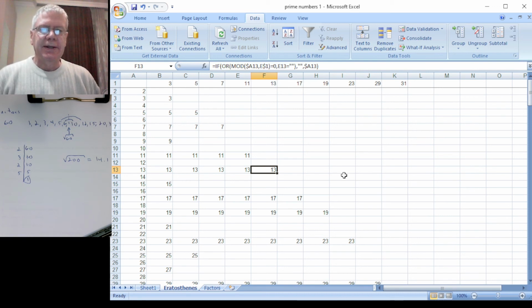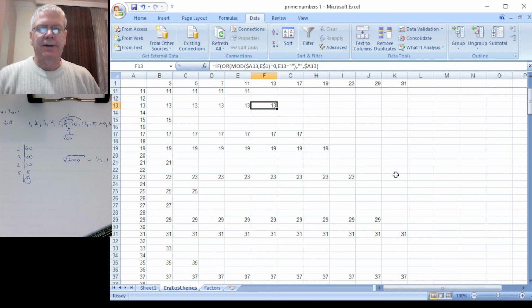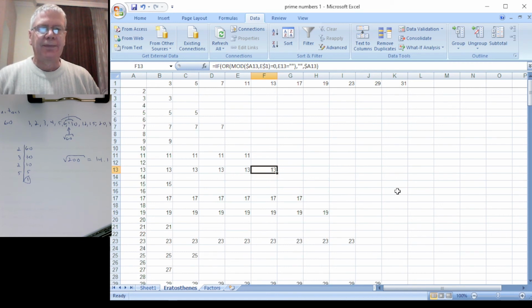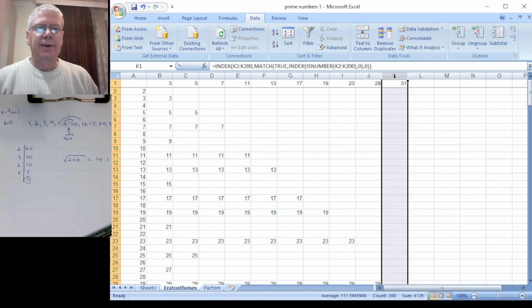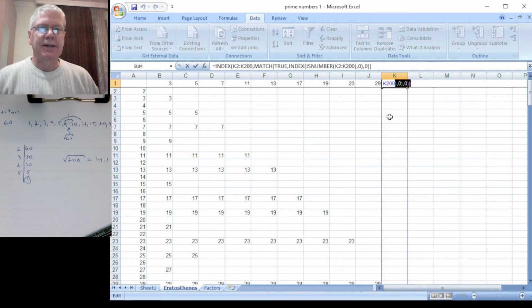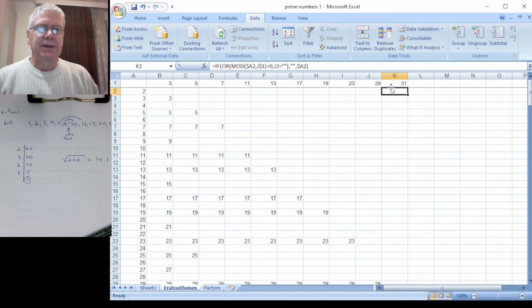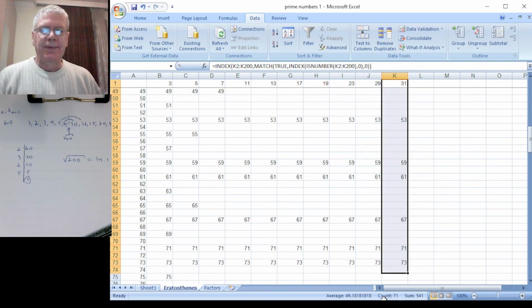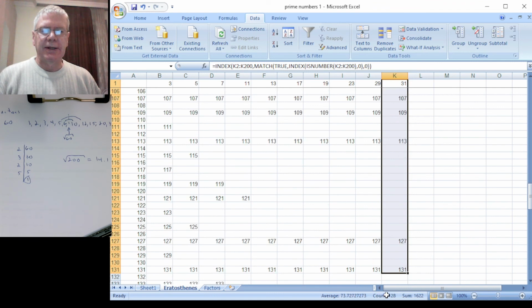But the other thing is that these numbers are not real organized, and so I can keep going. If I want my result to be a list of numbers along the top row, I can just keep spreading this across.